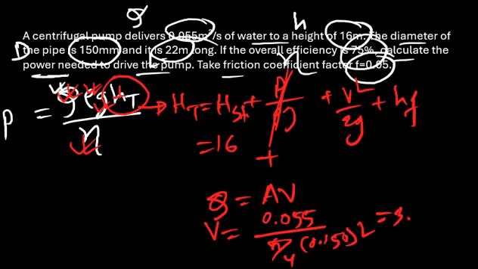Just put it over here: 3.11 squared divided by 2G.